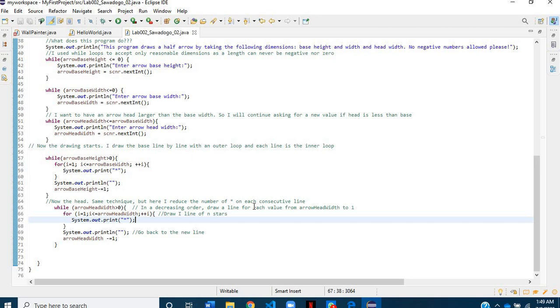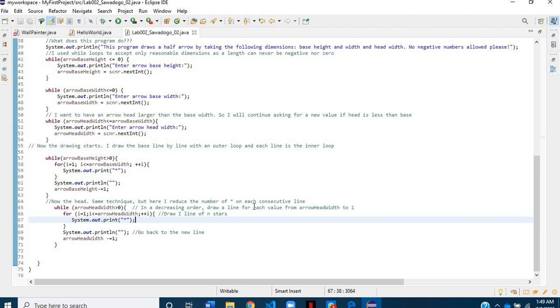I used a while loop starting with the highest number, so arrow head width, starting with that, and then I print each time a full line. And remember, printing a line is basically using a loop to print all the stars on that line.